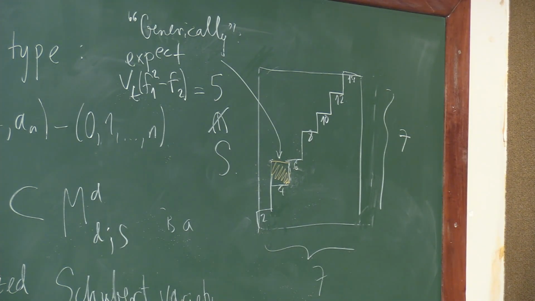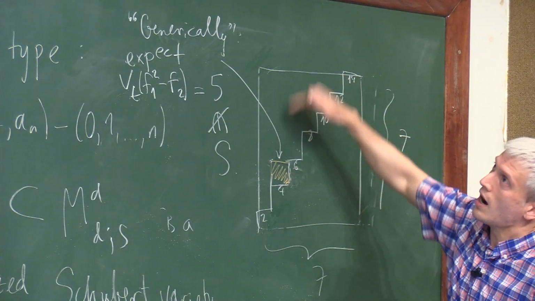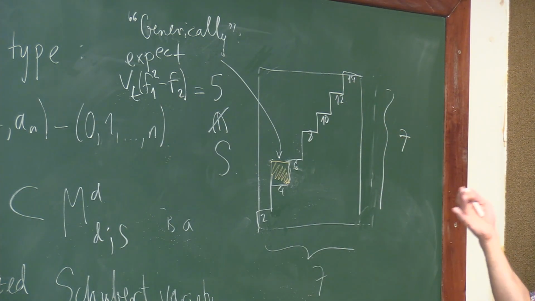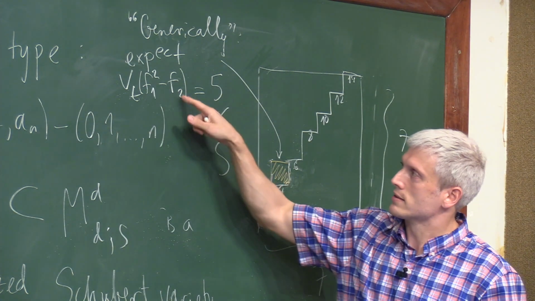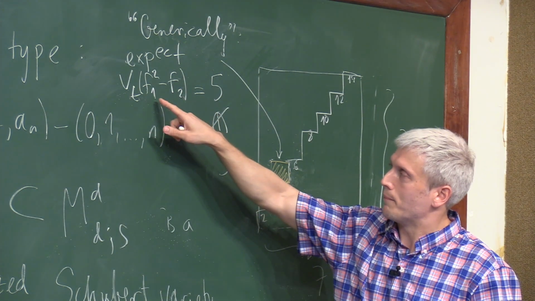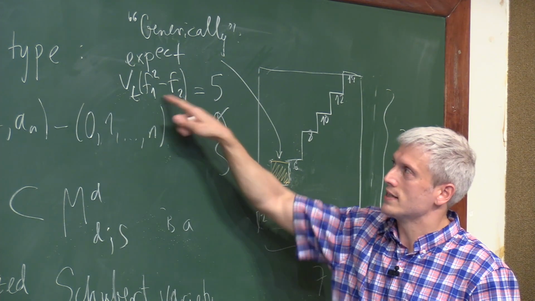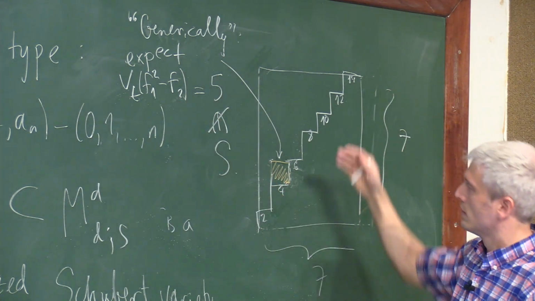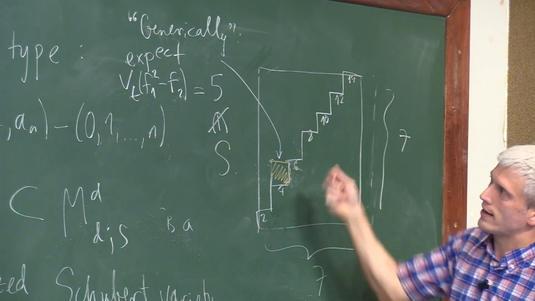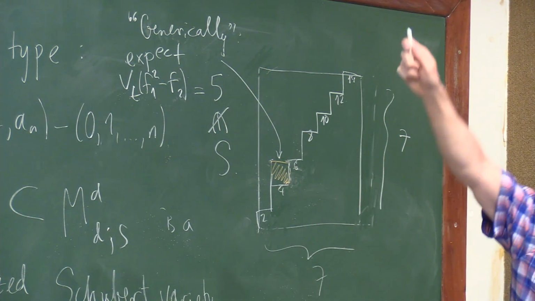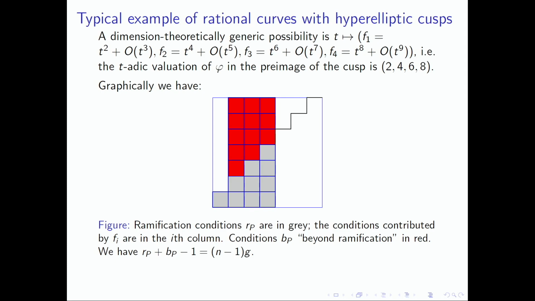So when you move up this column, there's an explicit inductive way of promoting these syzygetic polynomials to iterated versions that produce additional conditions on higher order coefficients.